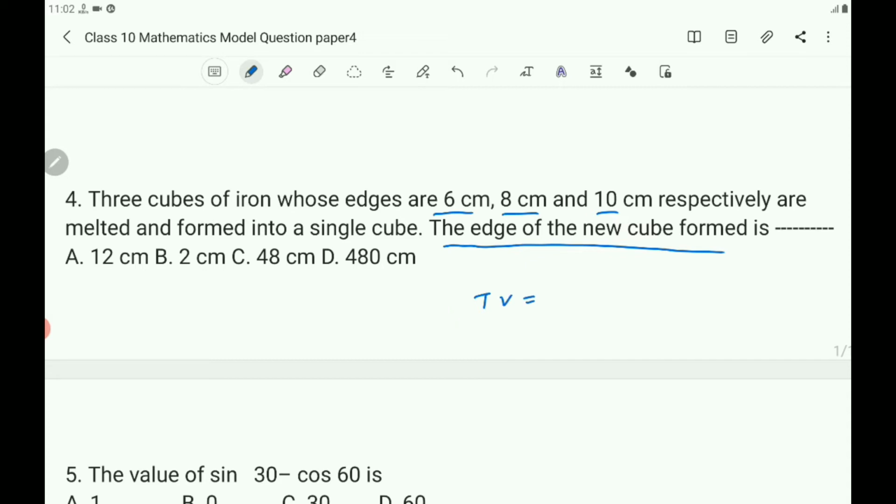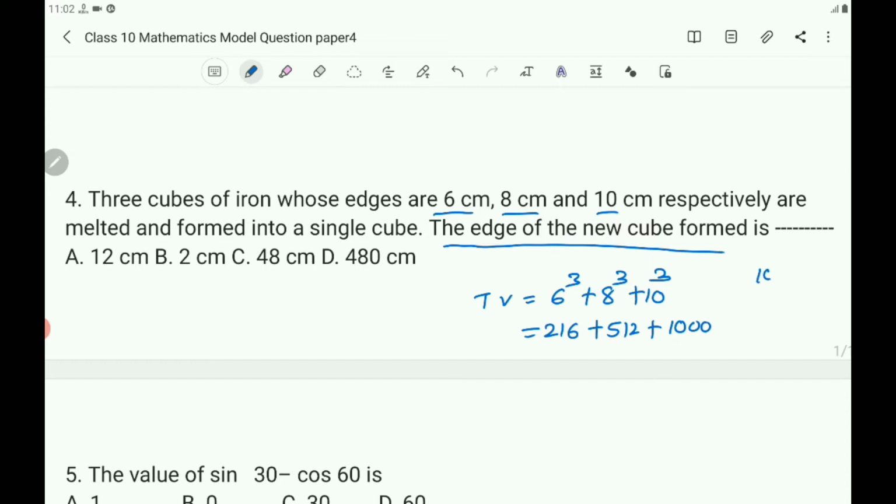Total volume is equal to 6 cube plus 8 cube plus 10 cube. Here 6 into 6 into 6 is 216, 8 into 8 into 8 is 512, and 10 into 10 into 10 is 1000.